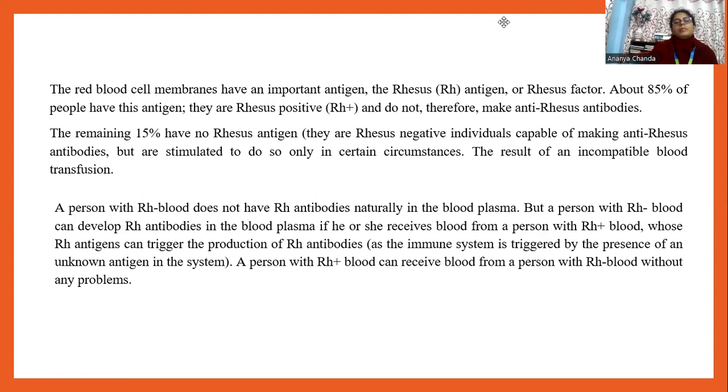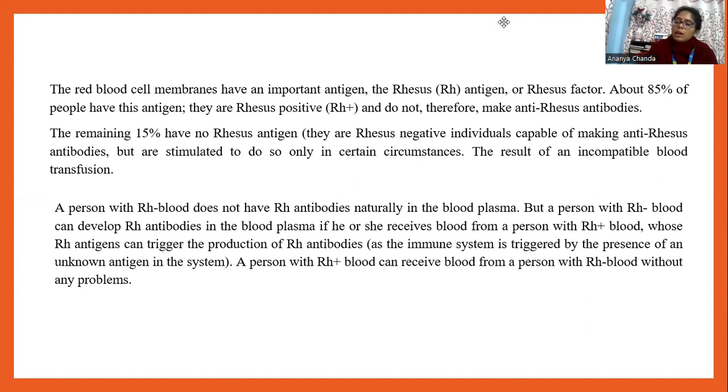A person with Rh negative blood doesn't have any Rh antibodies naturally in the blood. But a person with Rh negative blood can develop Rh antibodies in the blood plasma if he or she receives blood from a person with Rh positive blood. Normally Rh negative blood does not have any Rh antibodies.